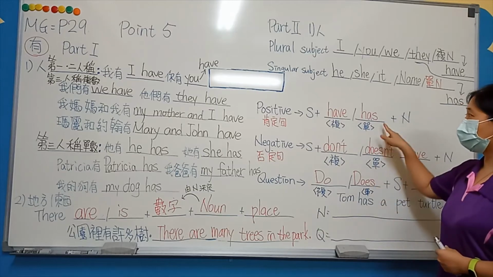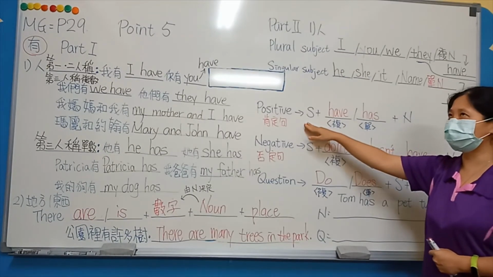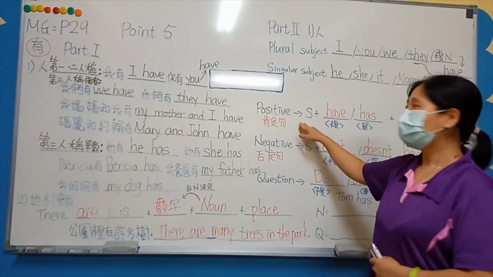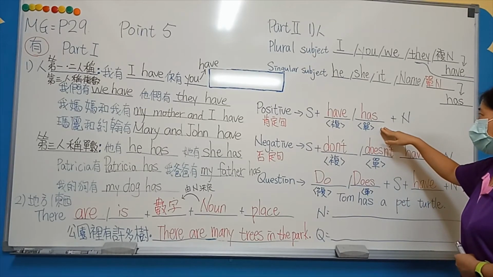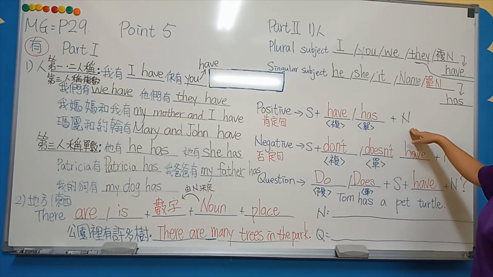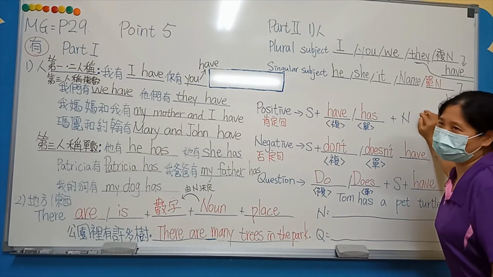Okay, if I use has, I use a name. Let's think about name. Okay. Tom has a dog. Tom has a dog. Okay, easy one. No. Let me change.